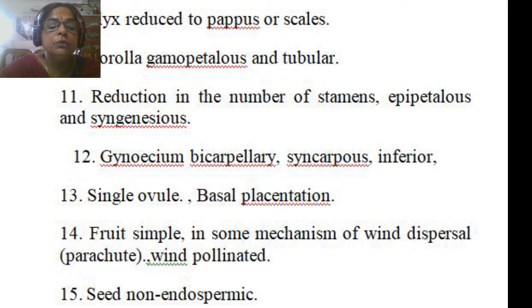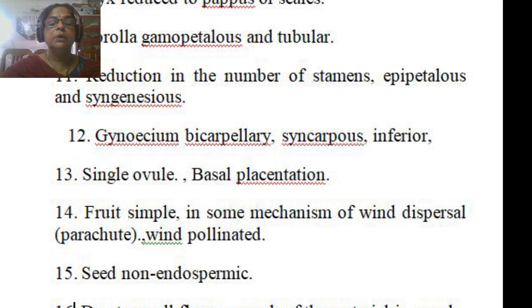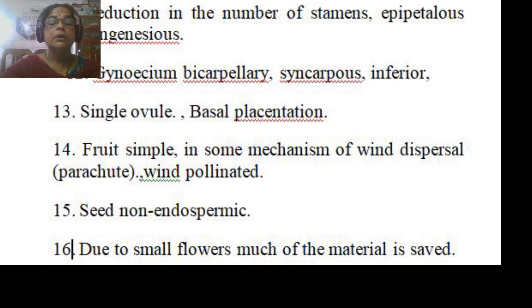In this cypsela fruit, you will find fine bristle-like structures, that is the pappus, which helps in fruit dispersal or seed dispersal with the help of wind. Wind pollination is there with the help of parachute mechanism. These seeds are non-endospermic, which is also an advanced character.